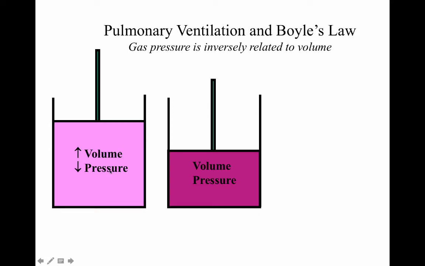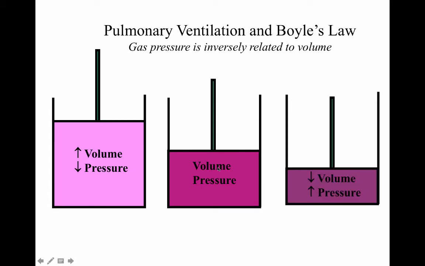Volume is going to be opposite of whatever pressure does. Then if we see that we have decreased volume, the opposite of that in pressure is increased pressure. So Boyle's law is what helps us understand why more volume equals less pressure and less volume equals more pressure. And this is a very key component of pulmonary ventilation.